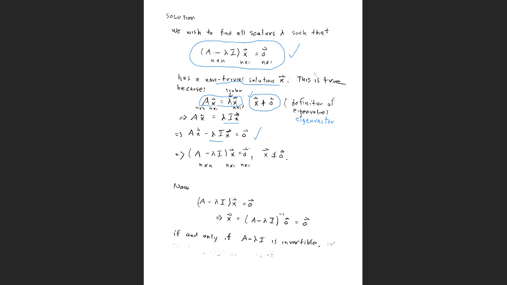And from there, on the left side, we can factor out the vector X. And so you end up with, in parentheses, A minus lambda times the identity times the vector X equals the 0 vector, where the vector X is non-zero.